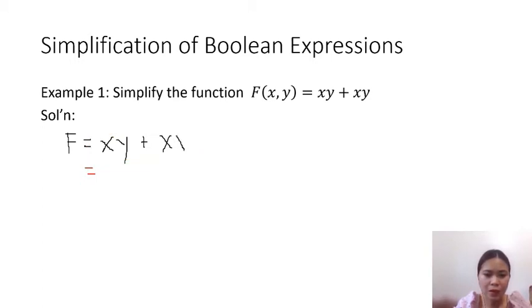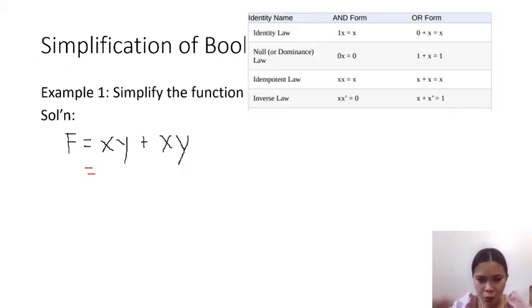Okay, so let's check the identities if there is one we can use to reduce this function. So let's see. In identity law, we need a value which is 1, and a variable.